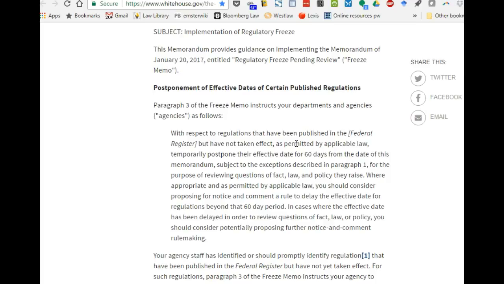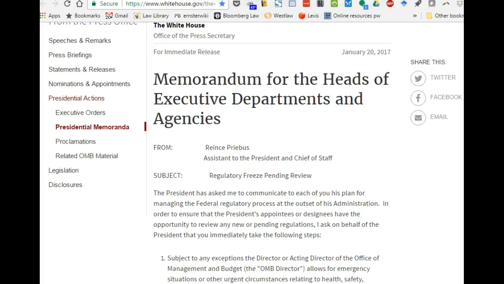So if its effective date was after the date of this, so after January 20th, then this freeze would apply, and we'd have to read this memoranda as well as the explanatory letter that I just had up to find out exactly how that might affect whatever pending regulation we were interested in. So that's an example of the practical effect of some of these presidential materials.